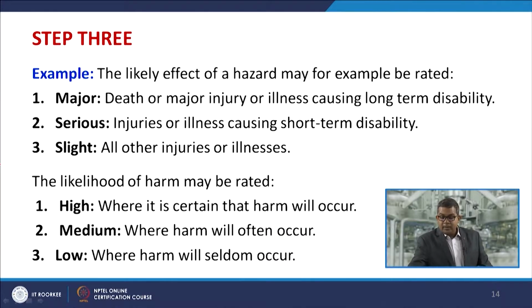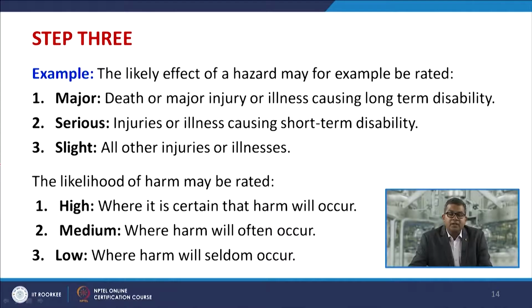Another example is the likely effect of the hazard, which may be rated as major, like death or major injury or illness causing long term disability, then serious, like injuries or illness causing short term disability. There may be slight aspects like all other injuries or illness.